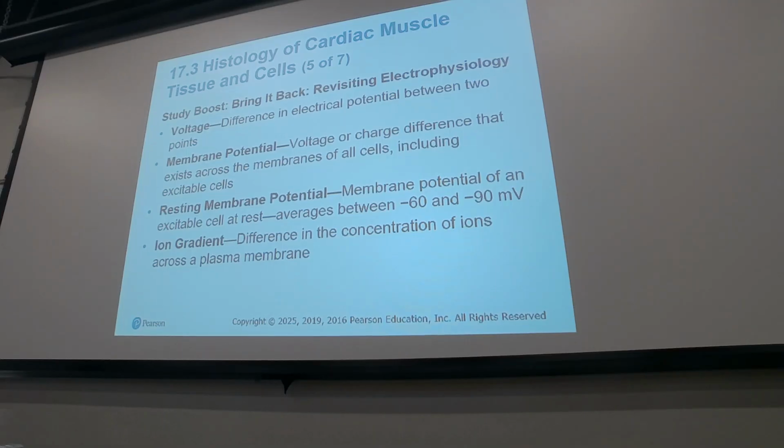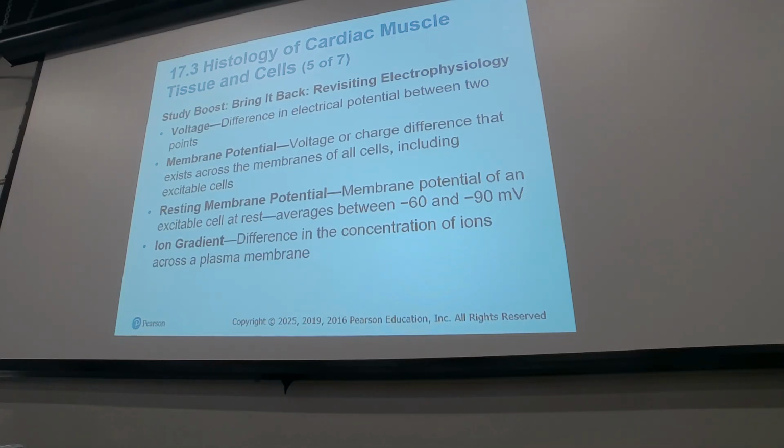So, reviewing electrophysiology. Voltage is the difference in electrical potential between two sides or two points. Membrane potential is the voltage that you have when the cells are at rest, and you call it the resting membrane potential, which is typically minus 60 to minus 90, depending on the cell.